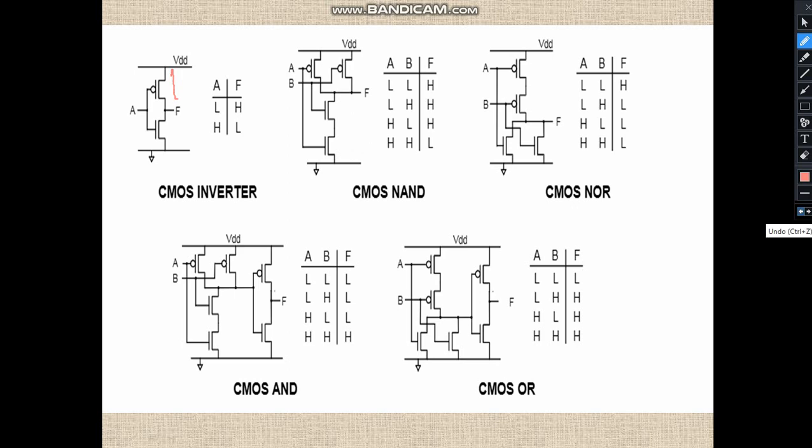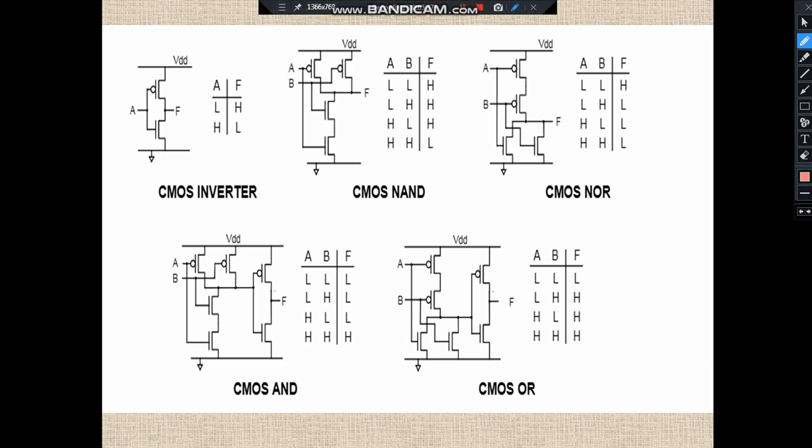In the next condition, if your input A is 1, your NMOS will operate, your PMOS will not operate, and your output is connected to ground and its value is equal to 0. So this is the basic operation of the CMOS inverter. For 0 input it gives 1 output, and for 1 input it gives 0 output. So basically CMOS implements the inverted version of the input.